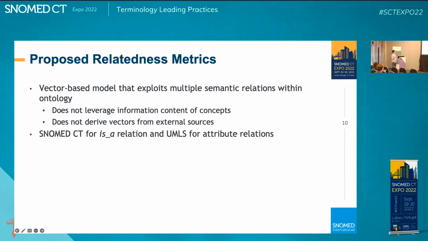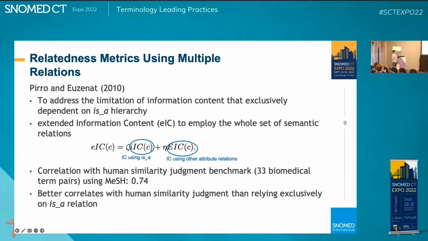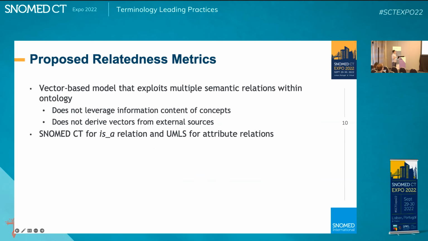Here we propose a new vector-based model that exploits multiple semantic relations within the ontology, and unlike the previous approach, we do not leverage the information content of concepts, but derive vectors from external sources. In this study, we adopted SNOMED CT to represent IS-A relations because SNOMED CT is the most comprehensive and granular biomedical ontology.